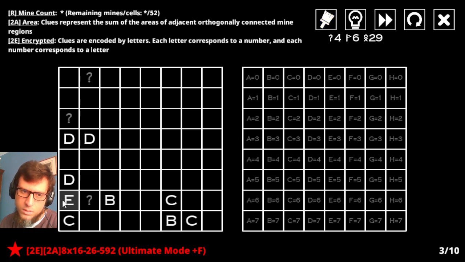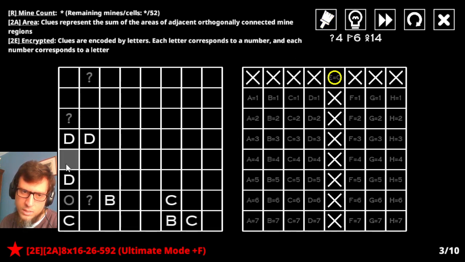Okay. This E, oh, it's 0, which means that's forced. But since this D, well, okay. C, oh yeah, that's also forced because of that. And now, this B, oh, it forces that as well. Man, that's complicated.